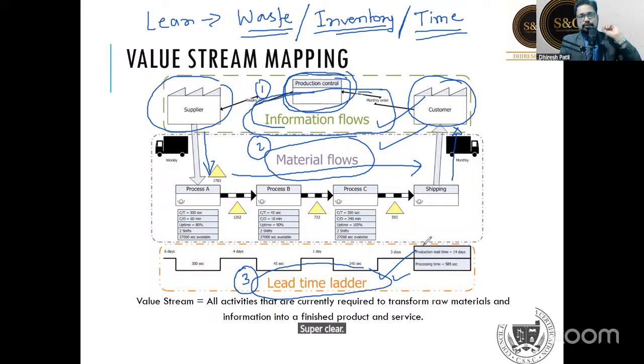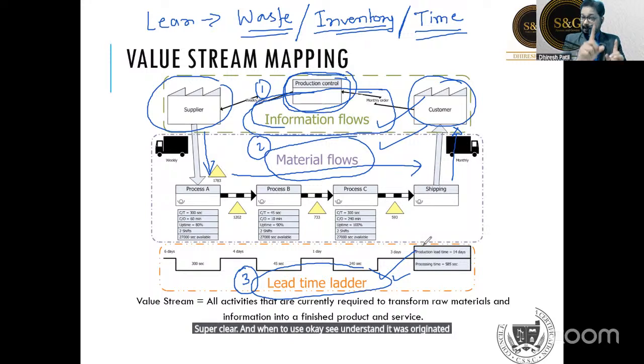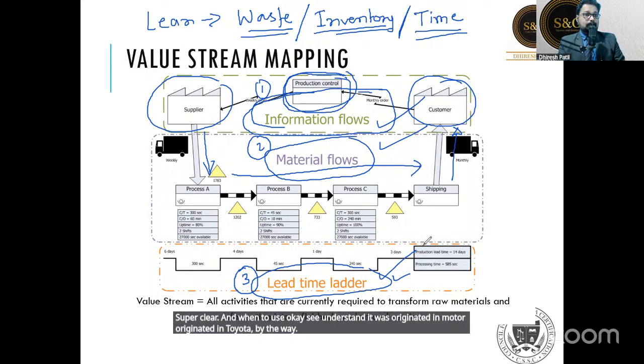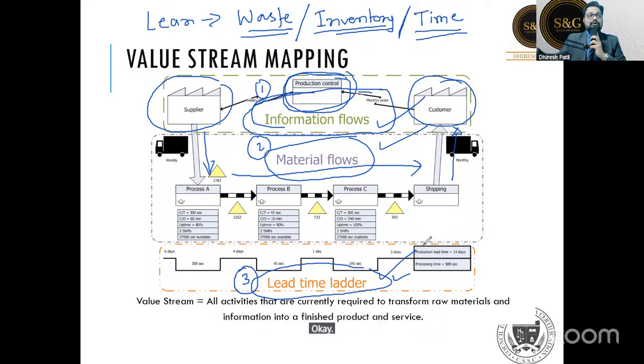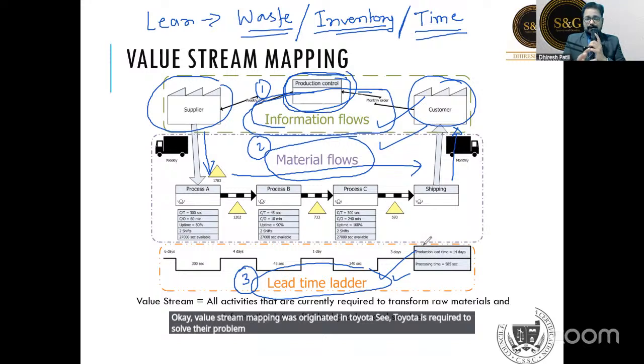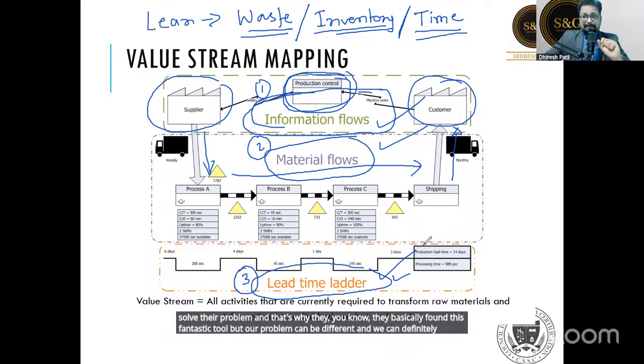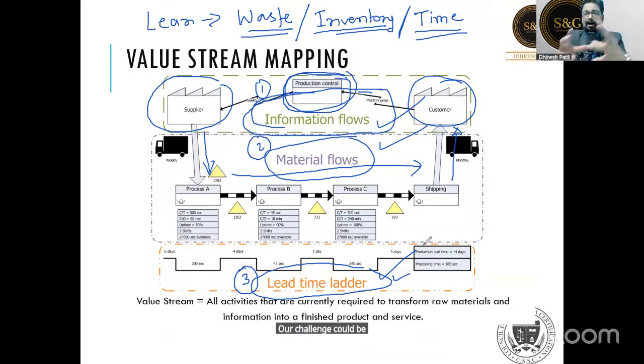And when to use it? Understand it: value stream mapping originated in Toyota, by the way. Toyota needed to solve their problem, and that's why they found this fantastic tool. But our problem can be different, and we can definitely customize our value stream map according to us, because our challenge could be different from Toyota's and other organizations.